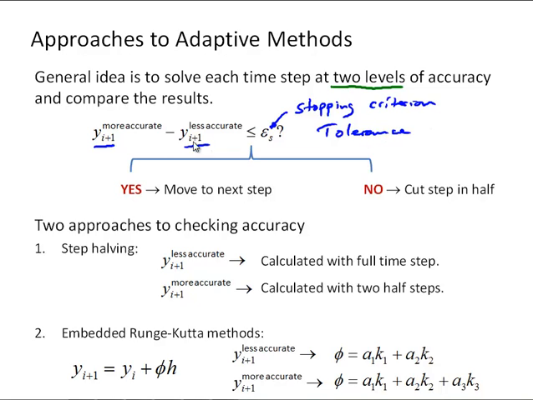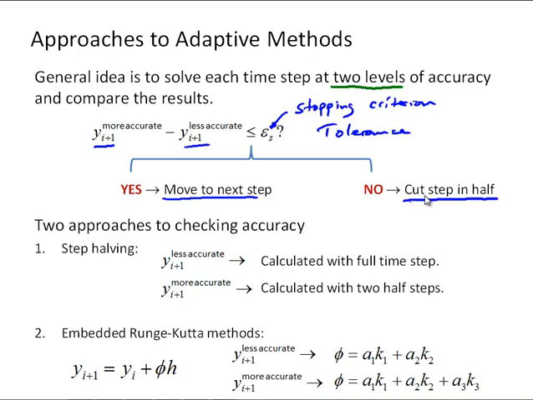If the more accurate solution is not that much better than the less accurate solution, in other words, we're within the stopping criterion, then we would move to the next step. If it is a lot better, or we haven't satisfied our stopping criterion, then what we would do is cut the step in half and recalculate with half a time step.